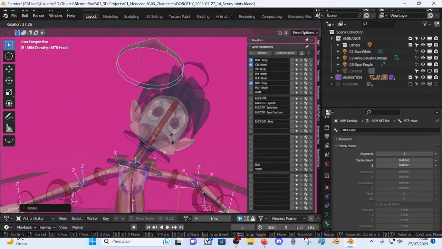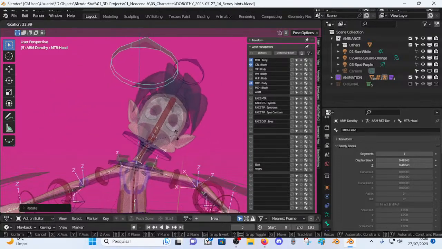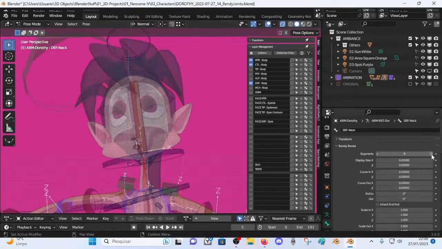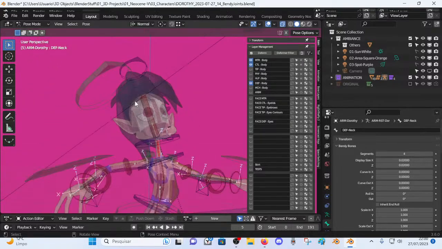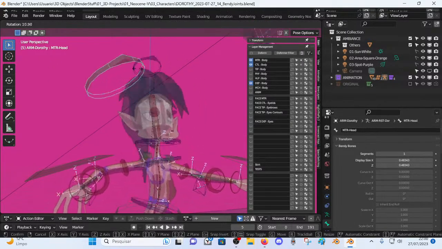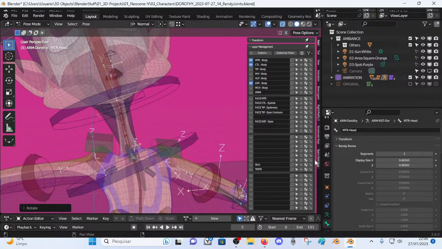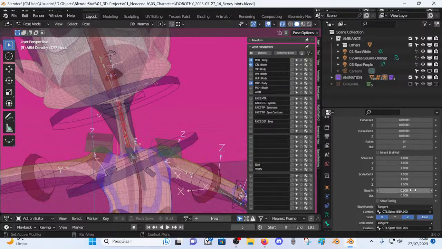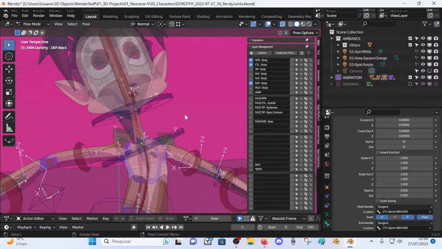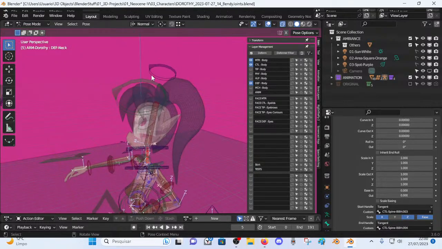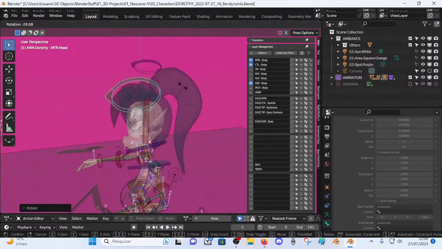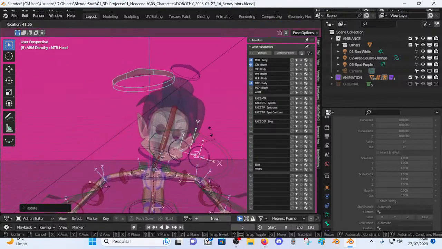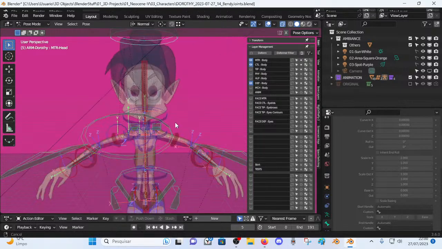But then it's a bit bizarre, right? So it gets ugly in some poses. So it's cool to have the segments, but then I still have to find a way to get this curvature better. This is not really important.